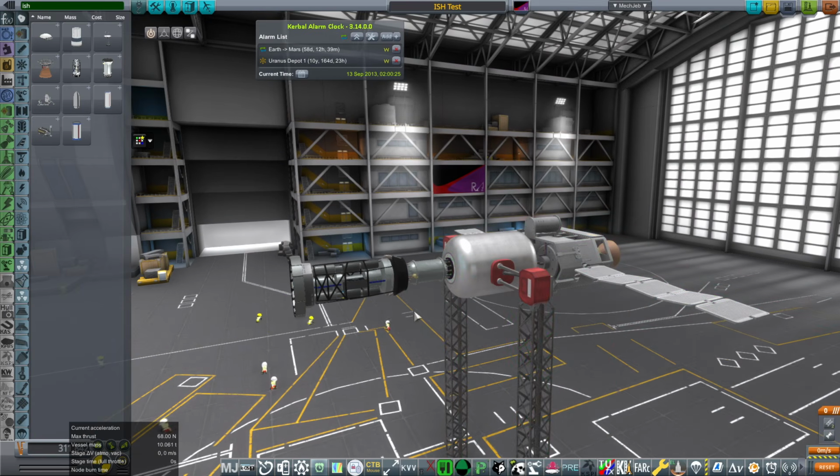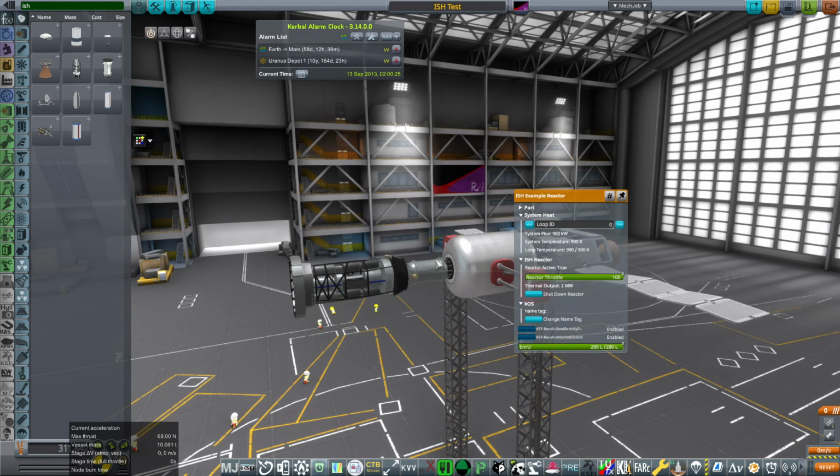That's the idea. So you could have a bimodal system like that. So that's what I'm going for. And then we'll have different kinds of reactors, not just this little 1.5 megawatt thermal one. And it'll all work out somehow.